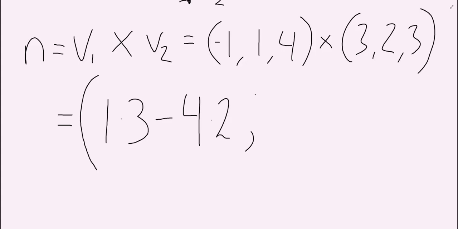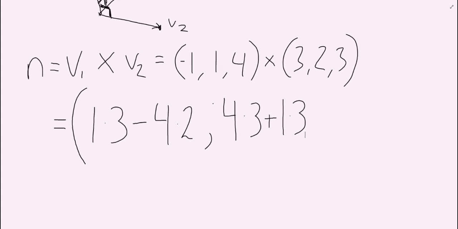Then we just move one step ahead. So to make x we use y and z. To make y we use z and x in that order. So I kind of move like in a circle buffer and just go back to the start. So this will be 4 times 3 minus 1, so plus 1 times 3. 3 is both the x and the z coordinates of the vector v2.